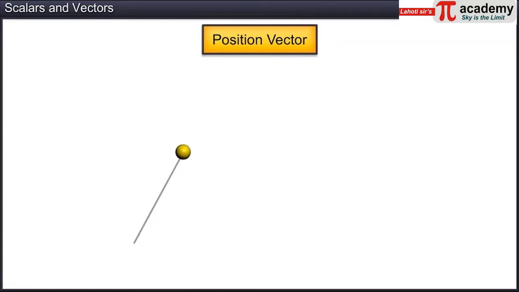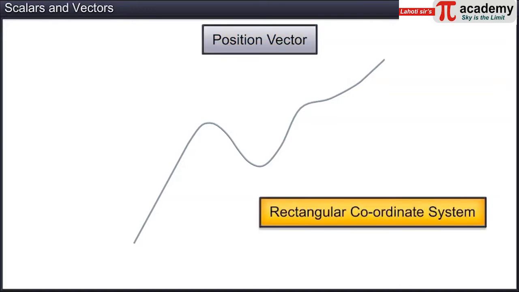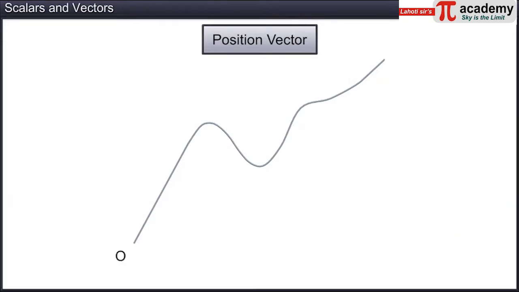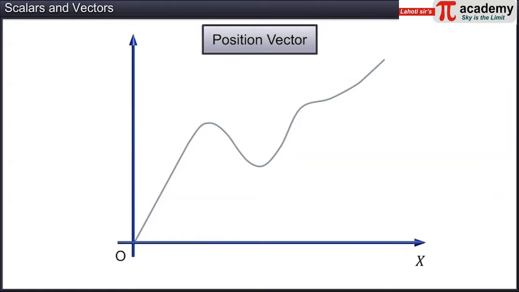Consider an object moving in a plane. To represent the position of the object at a particular instant by a vector, you use the rectangular coordinate system. First, choose a point O, which is the origin. Draw the x and y coordinate axes.